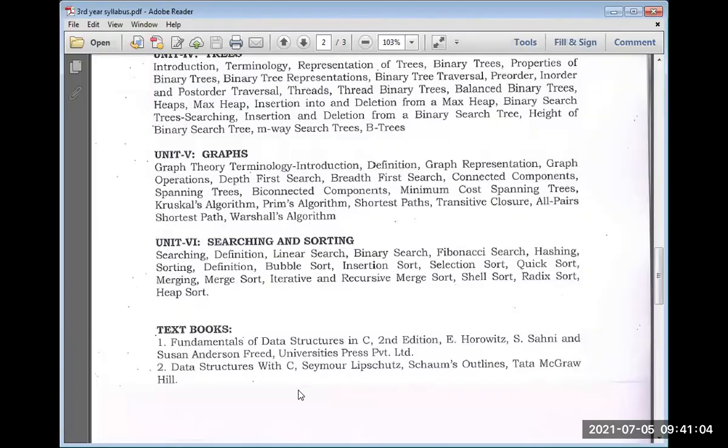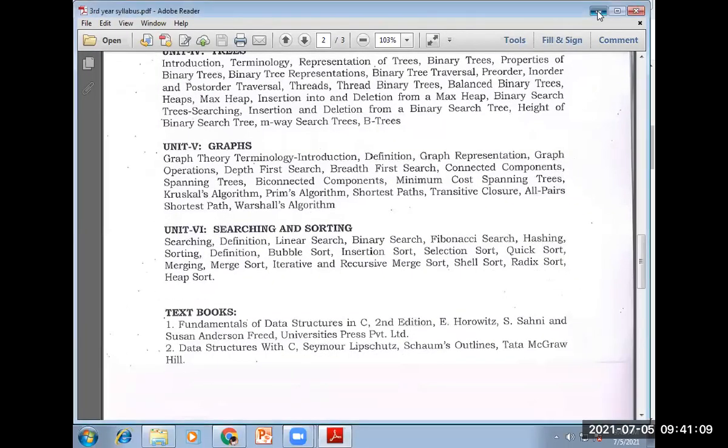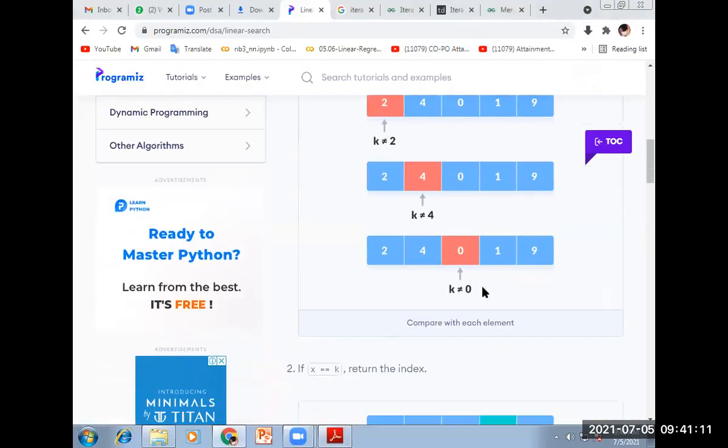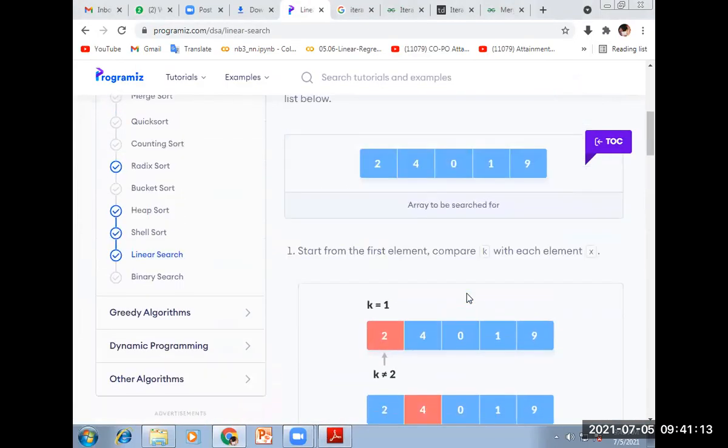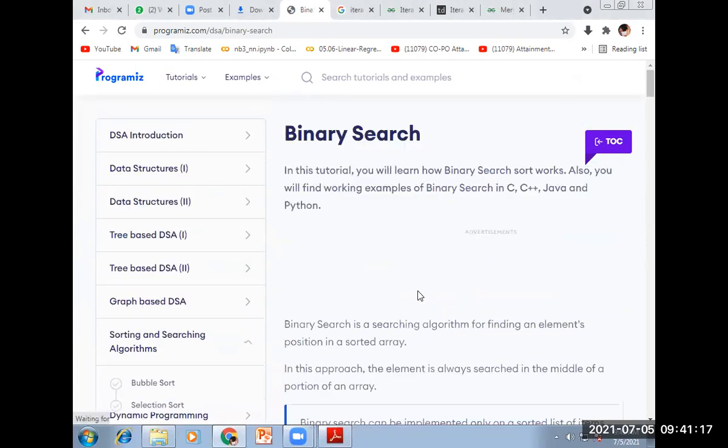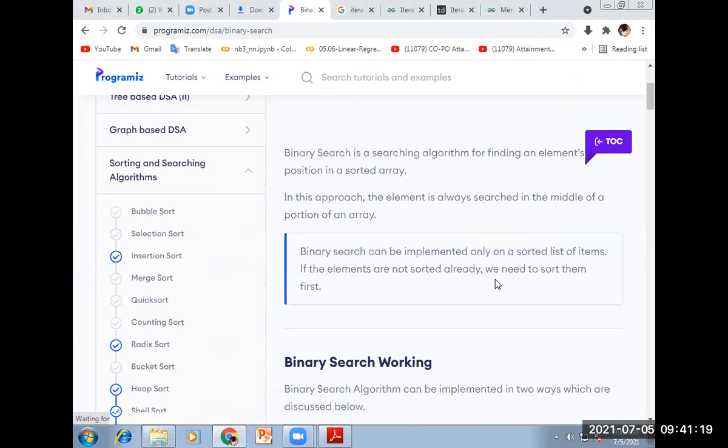Linear search works on both sorted and unsorted arrays. Coming to binary search, it works only on a sorted array.